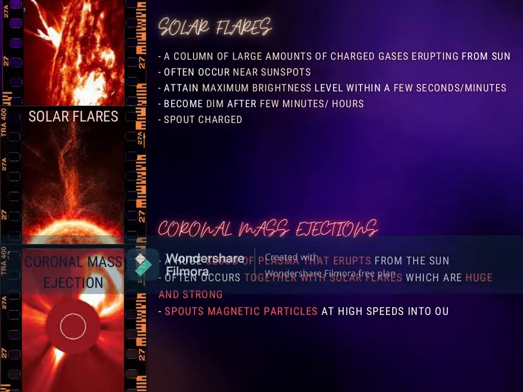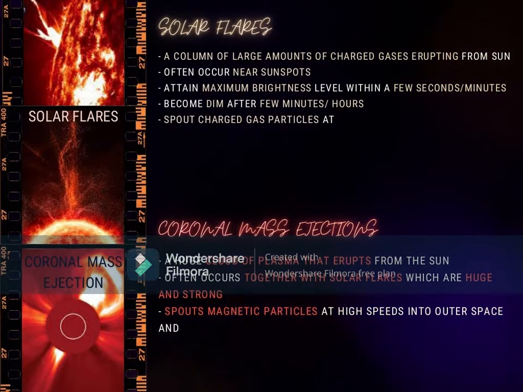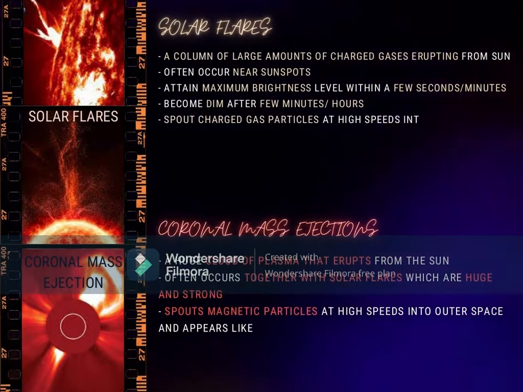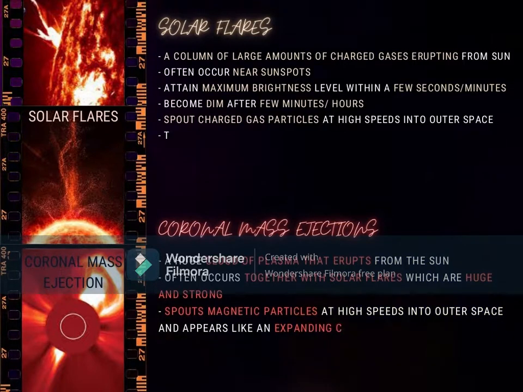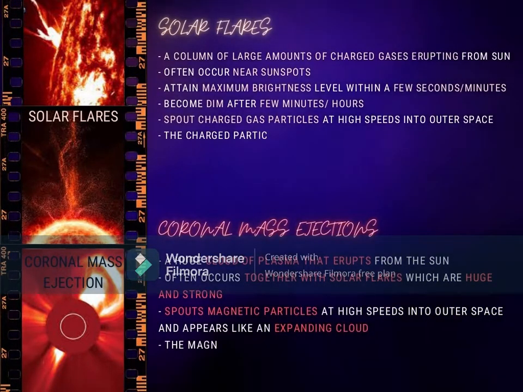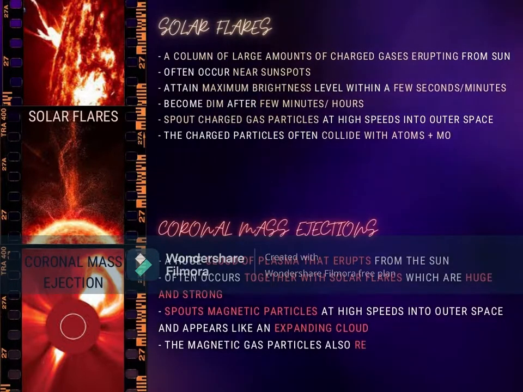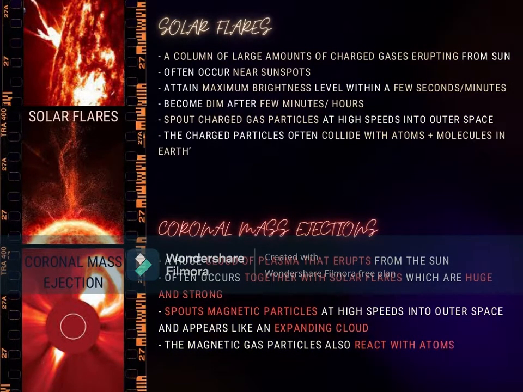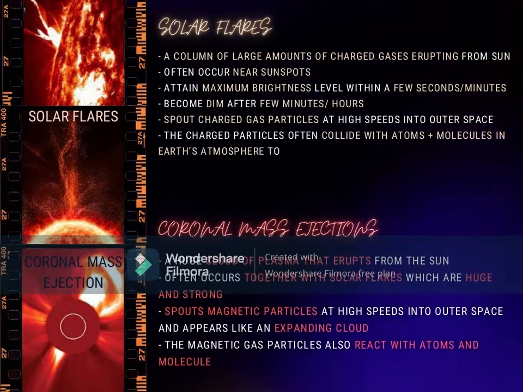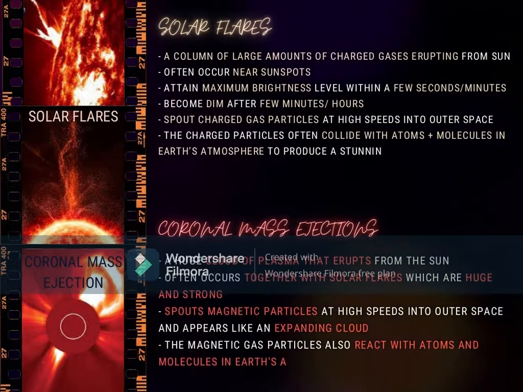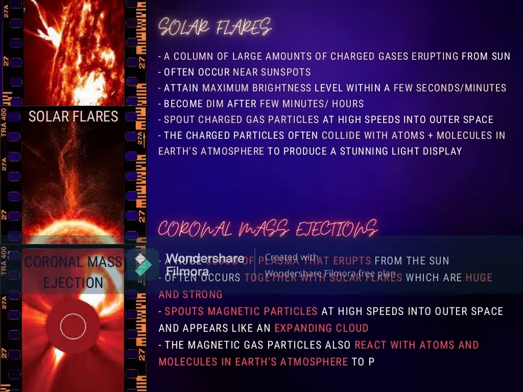Solar flares spout charged gas particles at high speeds into outer space. The charged particles often collide with atoms and molecules in Earth's atmosphere to produce a stunning light display in the sky known as aurora, which only occurs in the air space around Earth's poles.